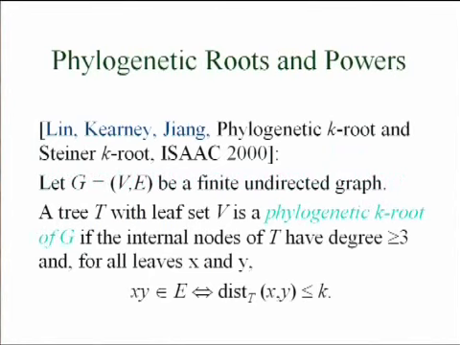So there has been another notion of a phylogenetic K-root introduced by Lin, Kearney, and Jiang. Phylogenetic K-root and Steiner K-root, which is a variant of it. At the Computer Science Conference ISAAC 2000, we've got a finite undirected graph G, and this is a phylogenetic K-power in that sense if there's a tree which is a K-root, and that basically must have internal vertices of degree at least 3.